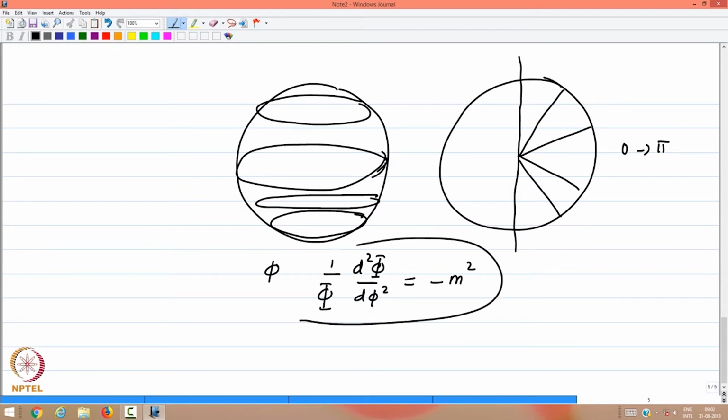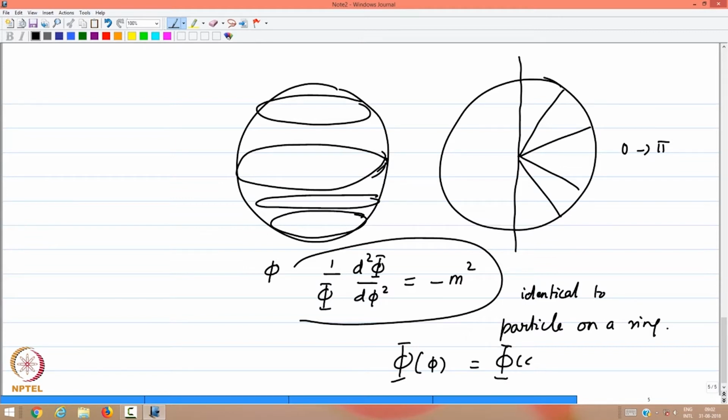This form is very similar or identical to that of the particle on a ring, and with the same cyclic boundary condition, namely phi of phi is equal to phi of phi plus 2 n pi, where n is 0, plus minus 1, plus minus 2 and so on.